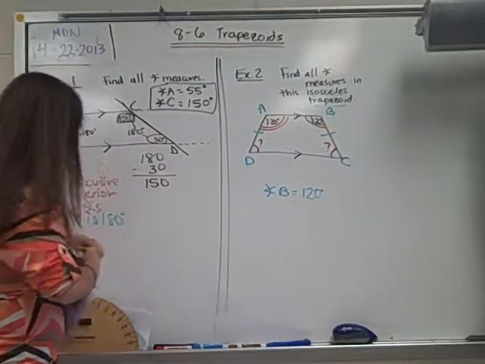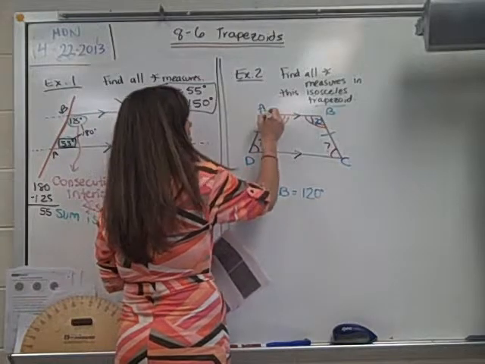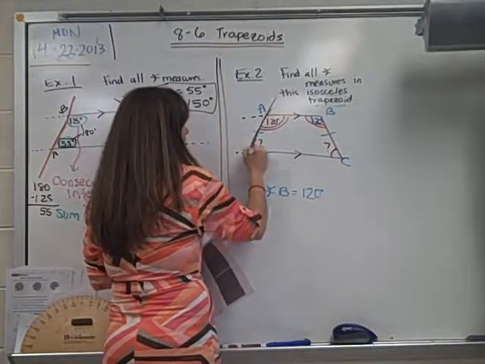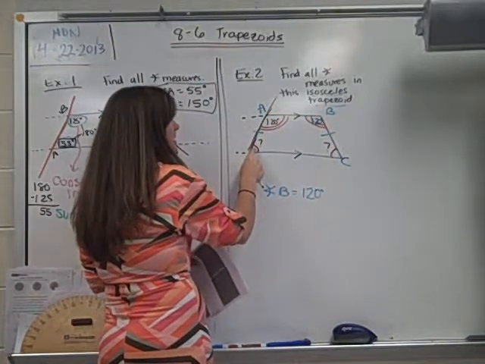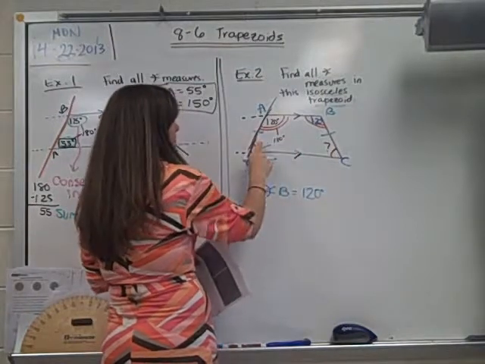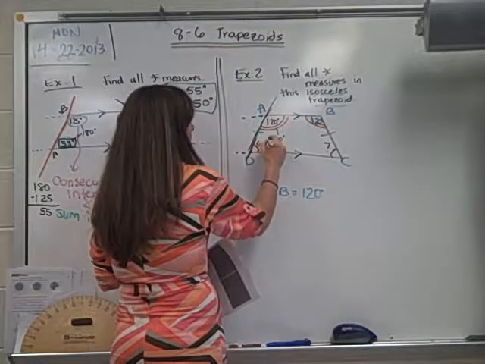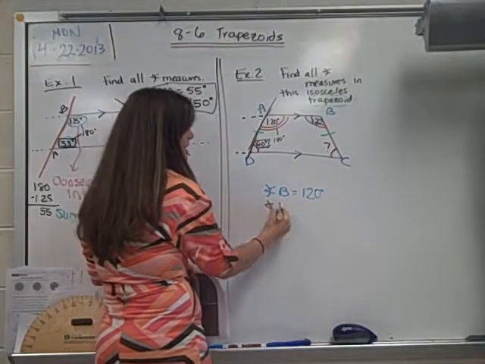We can still use this consecutive interior angle fact. So here are your parallel lines. Here's a transversal cutting through. If I've got 120 as my obtuse angle, then what does this one have to be to give me that total of 180 there? Well, do some quick math. 180 minus 120, and that's going to leave you with 60 degrees down here for angle D.